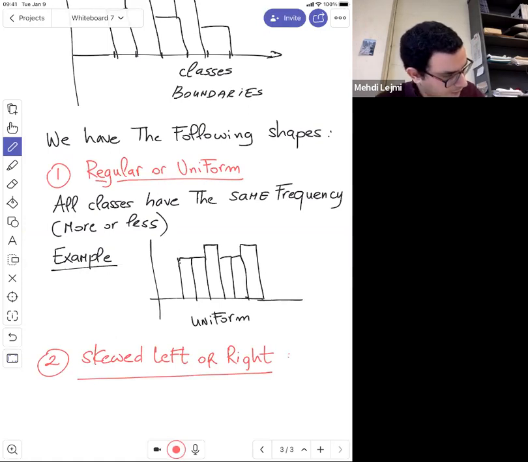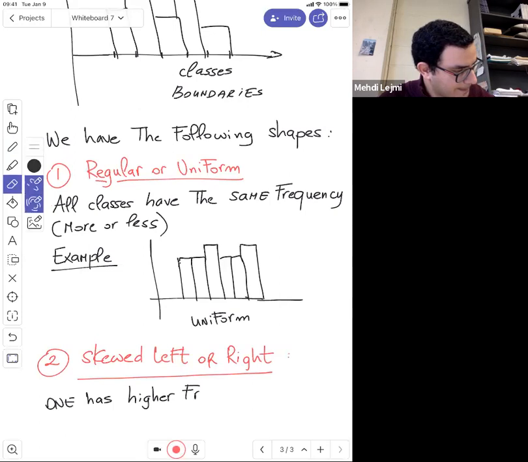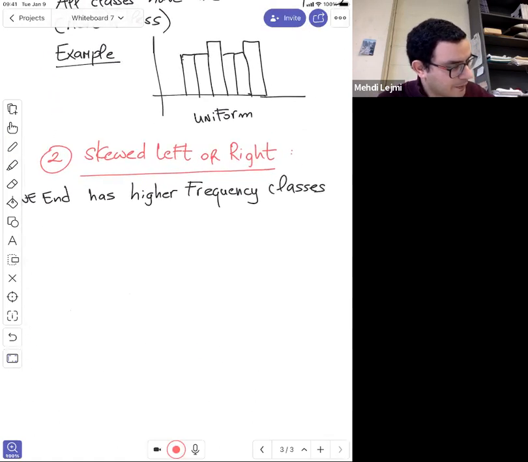So then your histogram is either skewed left or right.